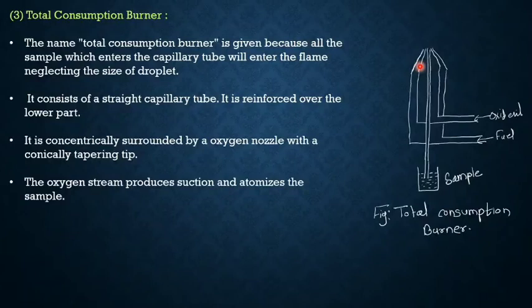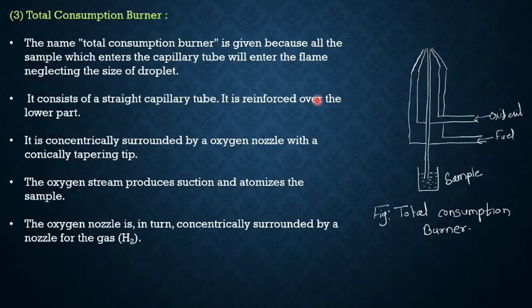The oxygen stream produces suction and atomizes the sample which is coming out through the capillary. Then that oxygen nozzle is again concentrically surrounded by a nozzle for the gas, or fuel.